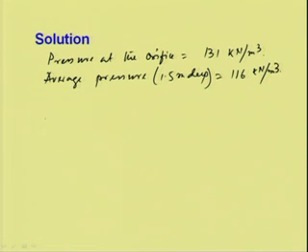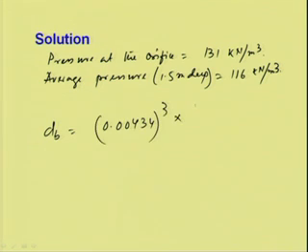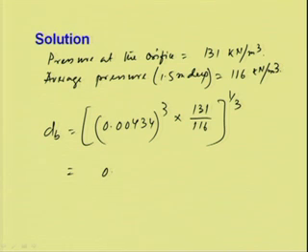So, we can calculate the bubble diameter using the pressure correction as 0.00434 cube into 131 by 116, to the power 1/3. So, this will be around 0.00477 meter.